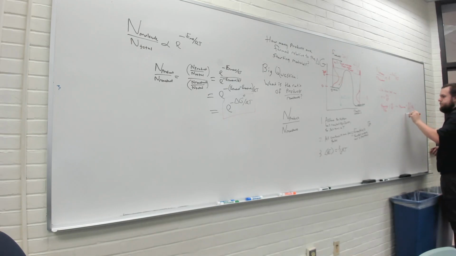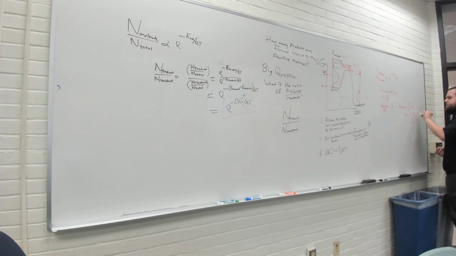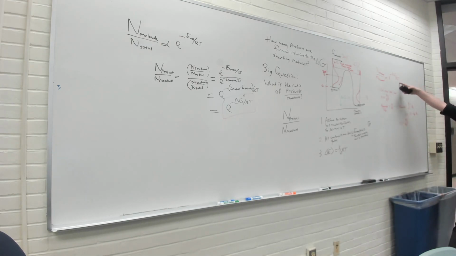But R is equal to Boltzmann's constant, k_B, times N_A. So N, the number of particles, is PV over k_B T.